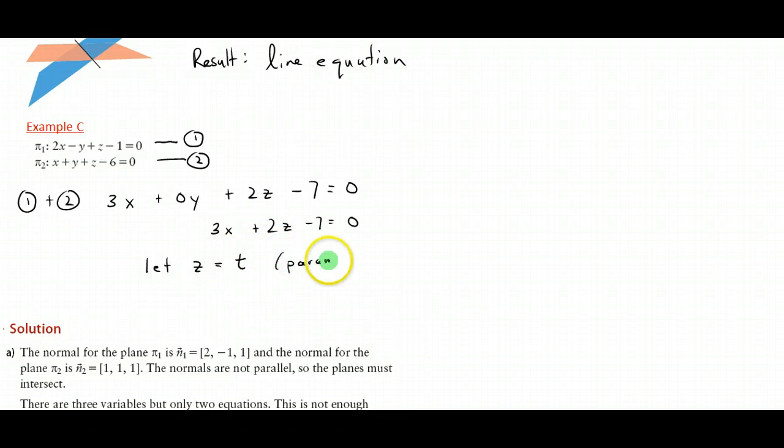You've seen that before. We've used it for equations of lines, but we've also used it when we've solved different things, where we let a variable equal a parameter because it's some specific number. And now I can say I've actually found what z is. It's equal to this parameter t. I know there's an infinite number of choices for t, but I've found the variable z. And now I can do back substitution.